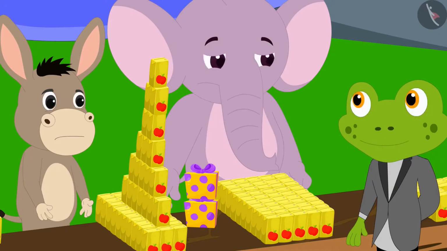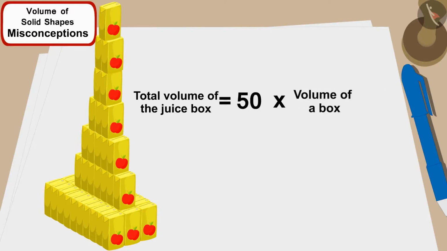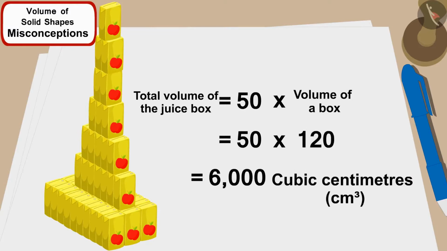Tarru asked Appu. 50 cartons have also been used in Bhola's shape. So the total volume of juice used in his shape will also be equal to 120 multiplied by 50. That is 6,000 centimeters cubed.